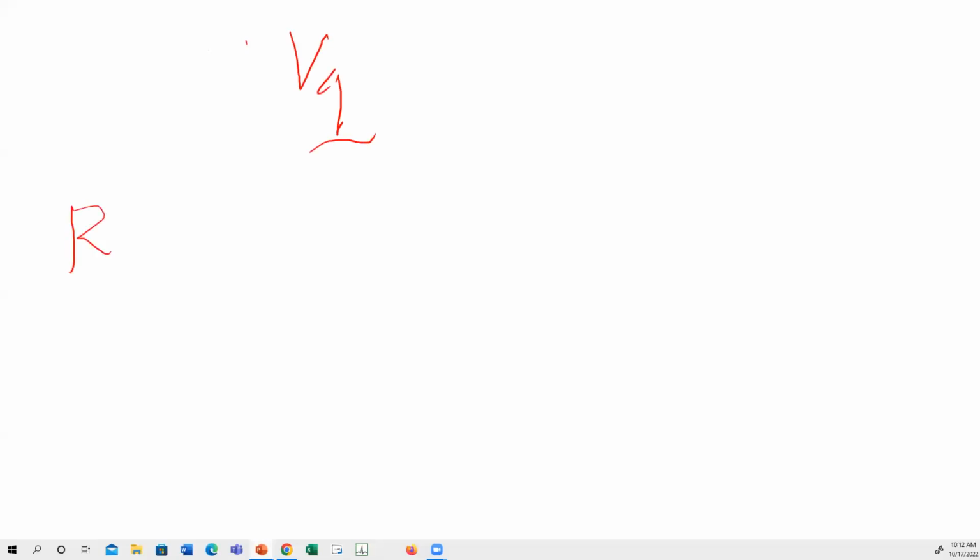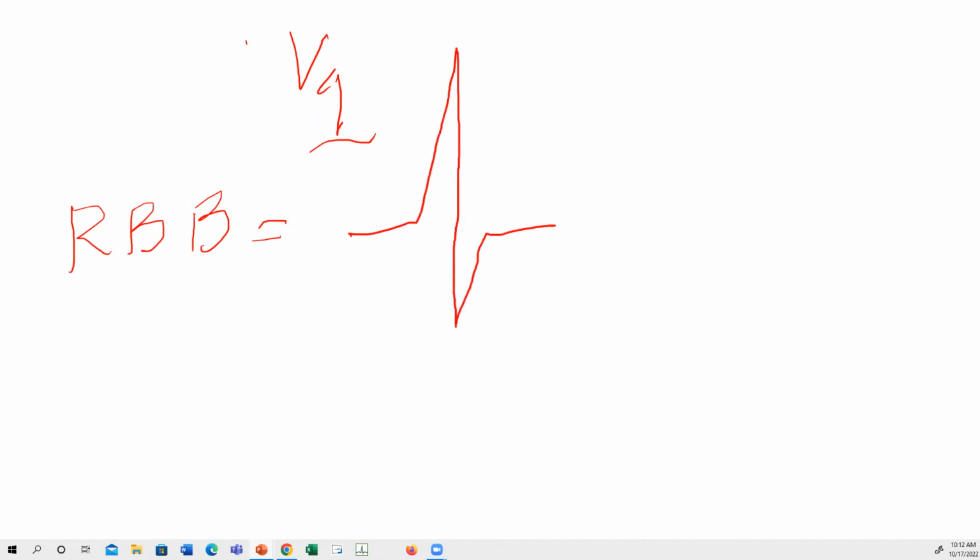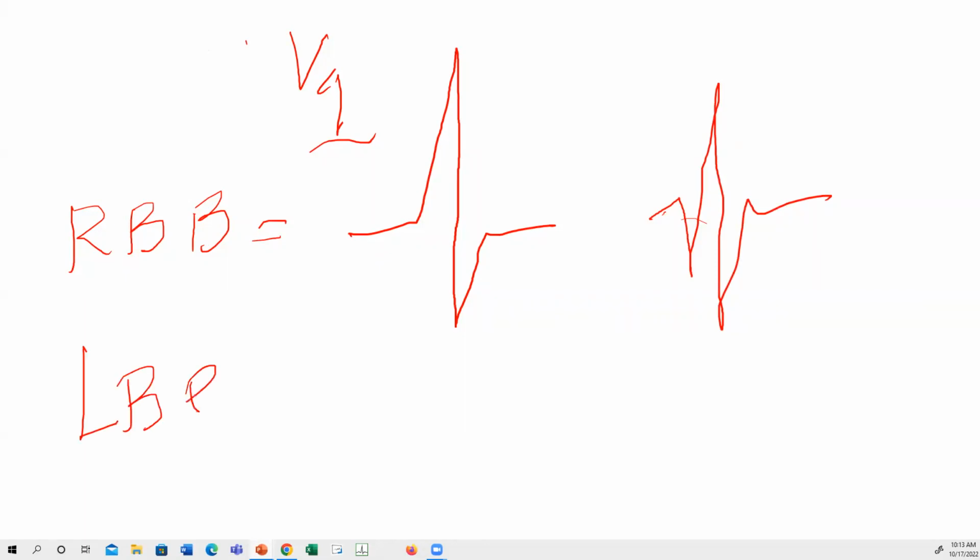If it is a right bundle branch block, lead V1 is going to have a predominantly upright waveform, like this, RS. However, if it's a left bundle branch block, the waveform in lead V1 is going to be predominantly negative.